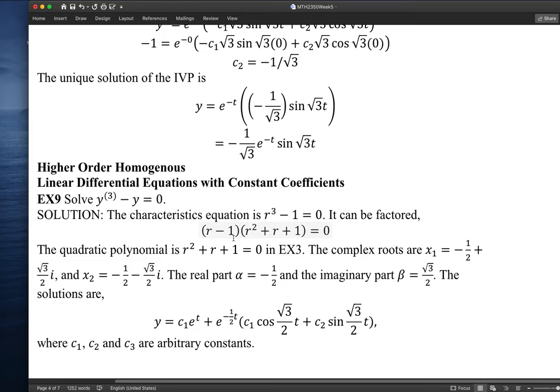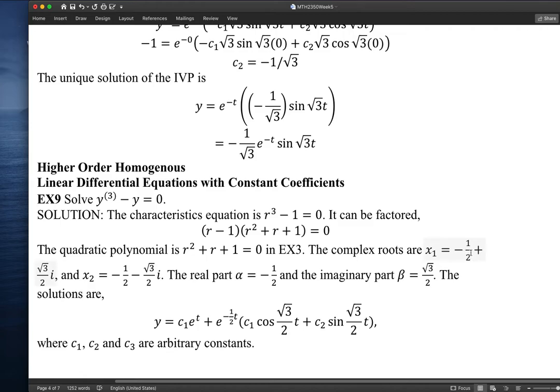Clearly, 1 is a solution. But don't forget, there are 2 other solutions from the quadratic part. This quadratic part is solved in example 3 already. So there are 2 complex roots.